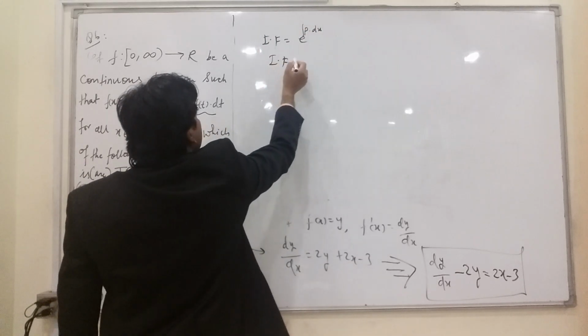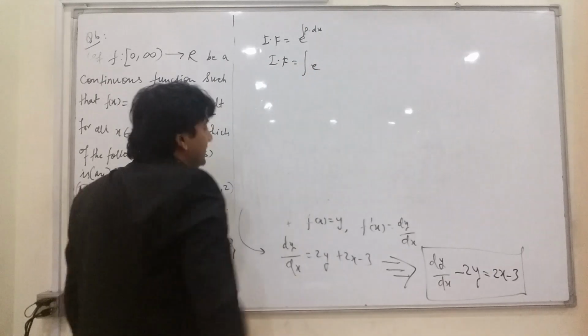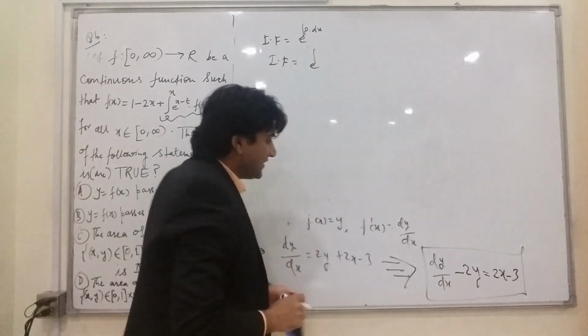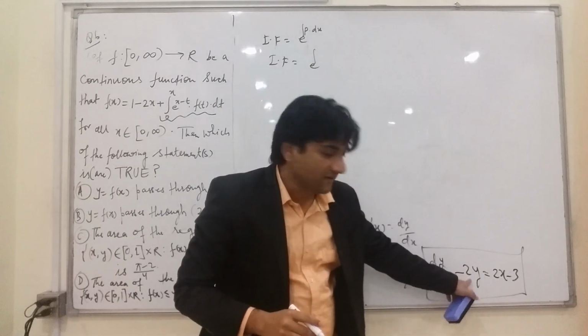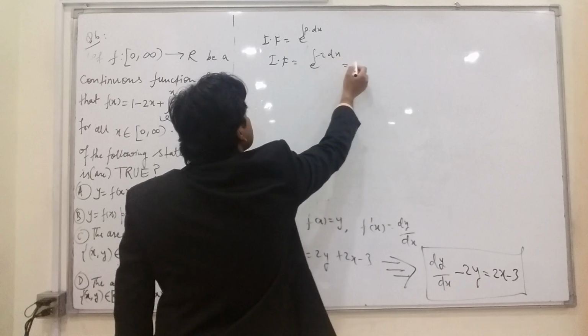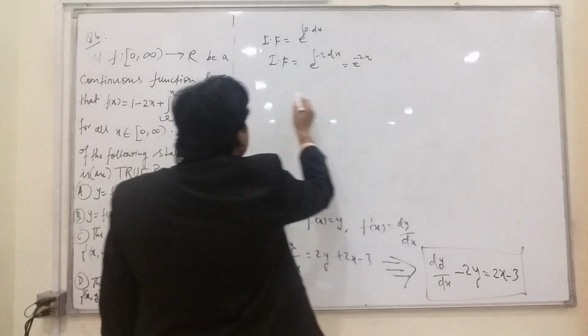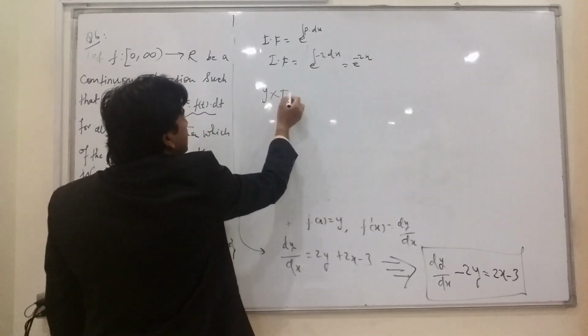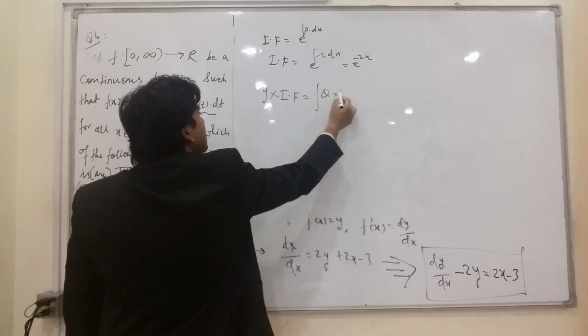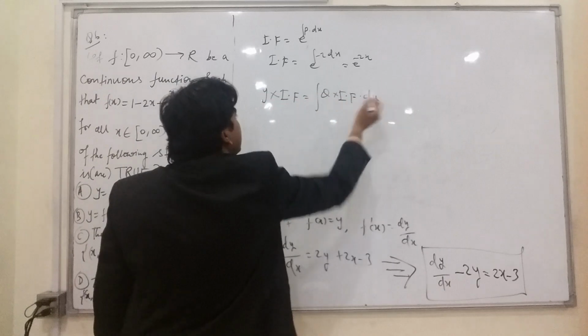So over here the integrating factor is e raised to integral of p dx. What is p? It is minus 2. So minus 2 dx, which is e raised to minus 2x. And the answer is y times integrating factor equals integral of q times integrating factor dx.